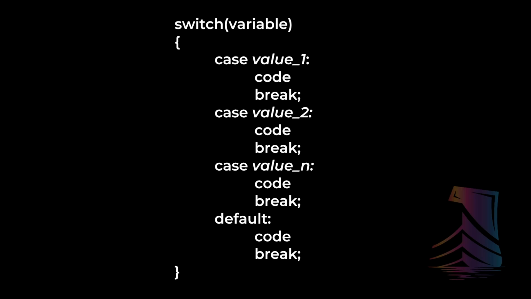Optionally, you can add a default case at the end of your switch statement's cases, which acts as an else statement. Basically, if the variable you're checking isn't equal to any of the values that you have in your case statements, code found in the default block will execute. Again, the default section isn't required and is purely optional.